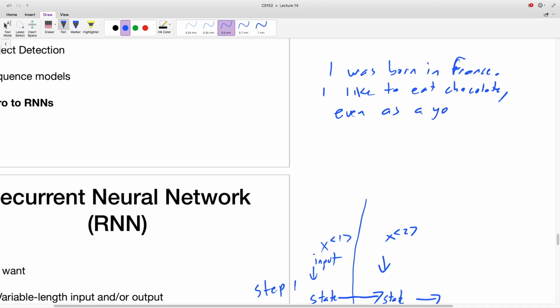Maybe it's especially as a young boy. And then we have some other sets of words, and eventually, let's say, of course, I'm fluent in, what's the word? French, probably. How far back did we need to go? Back to where we said I was born in France, which could be an unknown amount of time here. We have a long article, like my long autobiography, and the conclusion to the autobiography is, of course, I'm fluent in French.